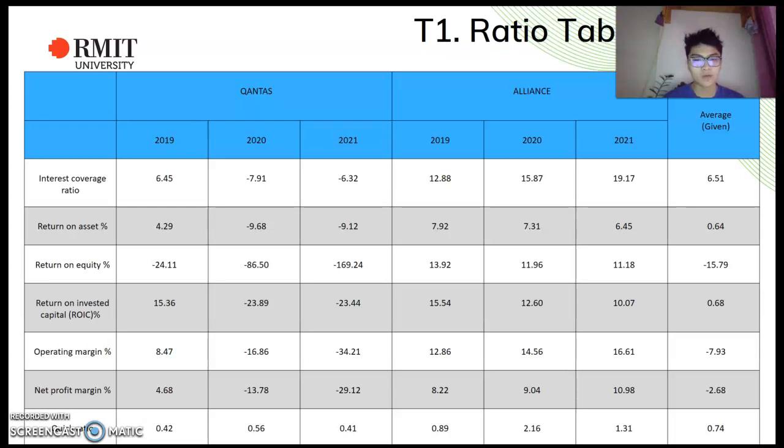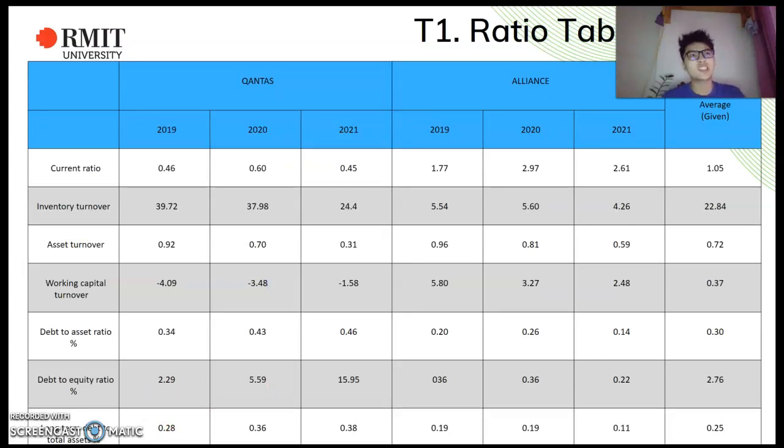There is also some data that performs really well, such as operating margin, which also has an upswing and is significantly higher than the industry average, while the industry average has some negative operating margin. Alliance Airways has a really high positive equity.